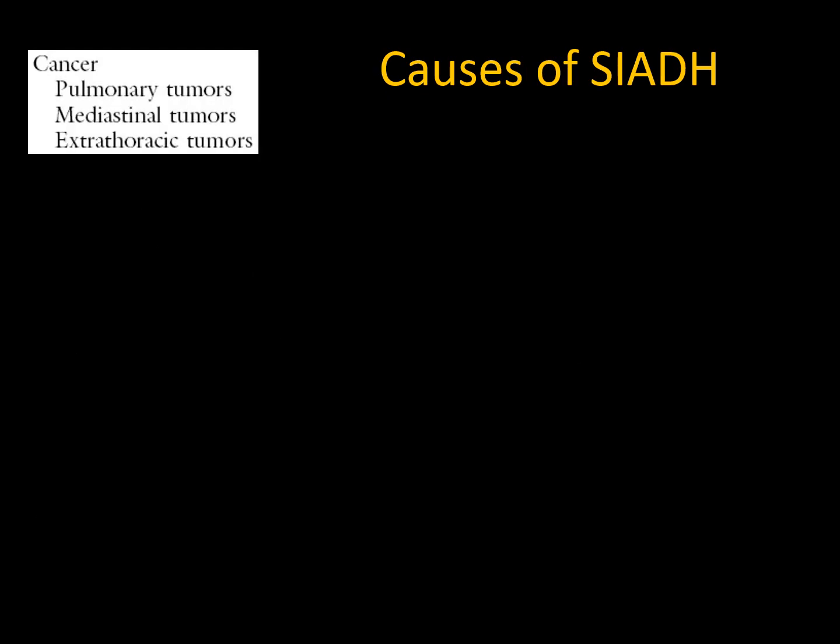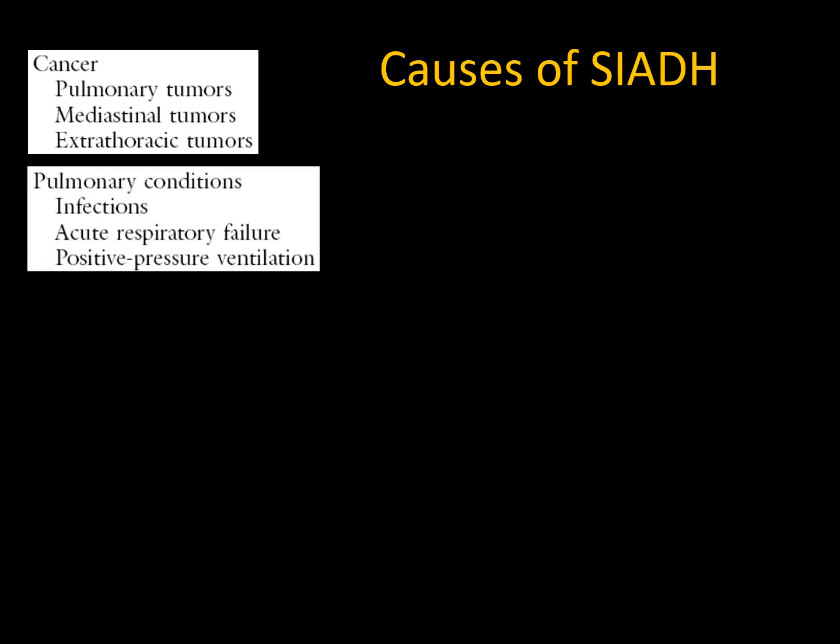After establishing the diagnosis of SIADH, it is very important to go on to establish what is the underlying cause. This includes intrathoracic lesions, including malignancies in the lung, or other lung conditions, such as infections, acute respiratory failure, or even positive pressure ventilation.